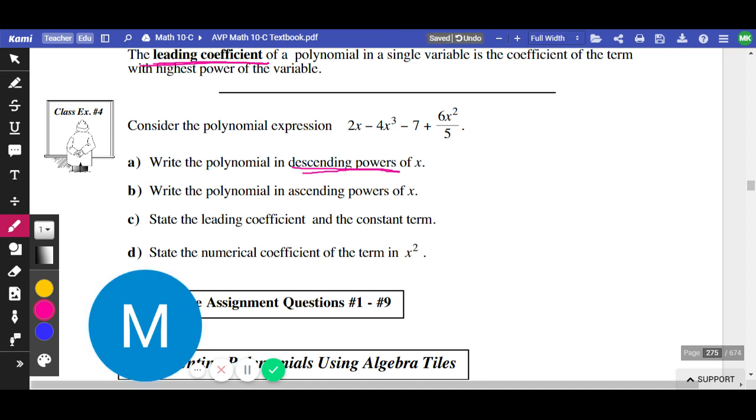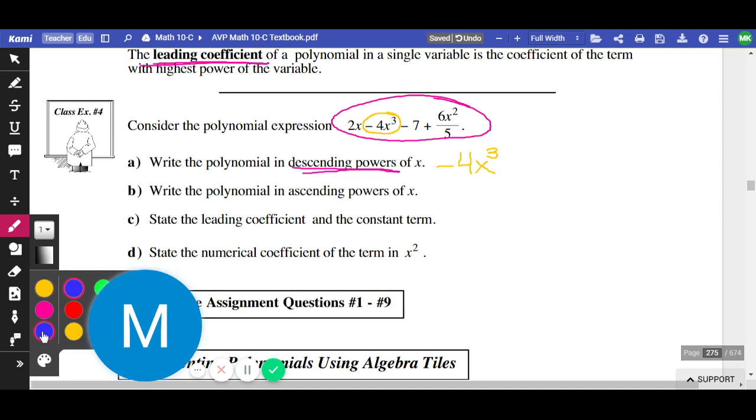Looking at this question, the term with the highest exponent is this guy right here. That means I would write it as negative 4x to the power of 3. The next highest exponent would be this guy right here. So I go plus 6x squared divided by 5.